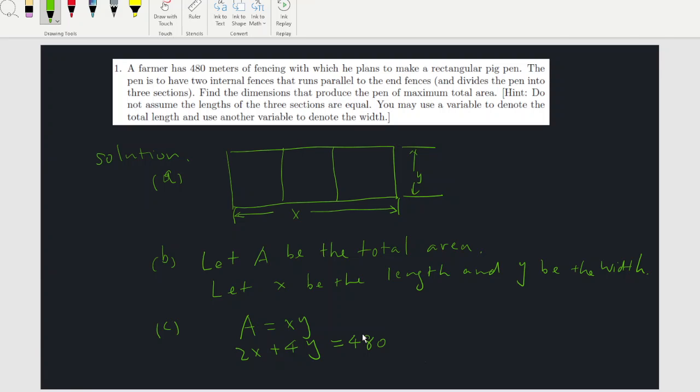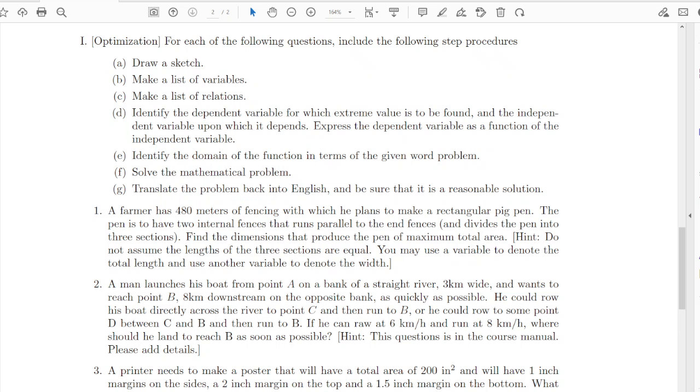Now we have all the possible relations. In step C, you can get as many relations as needed. So we're done with step C. And then in step D, we want to write the quantity to be optimized as a function of only one variable.